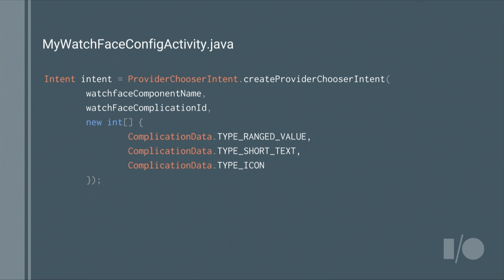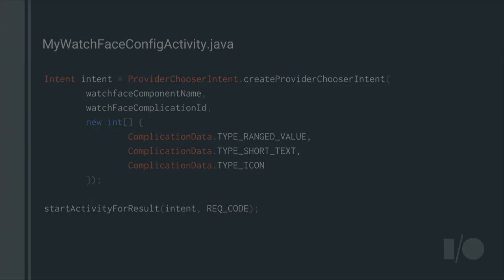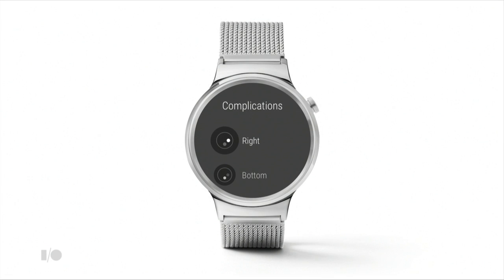Then when you have the intent, you call start activity for result to show the system provider chooser. So when the user taps on an item in this list, the system provider chooser is shown. Now, when the user chooses a provider in this UI, it gets set up automatically. You don't need to do anything else.